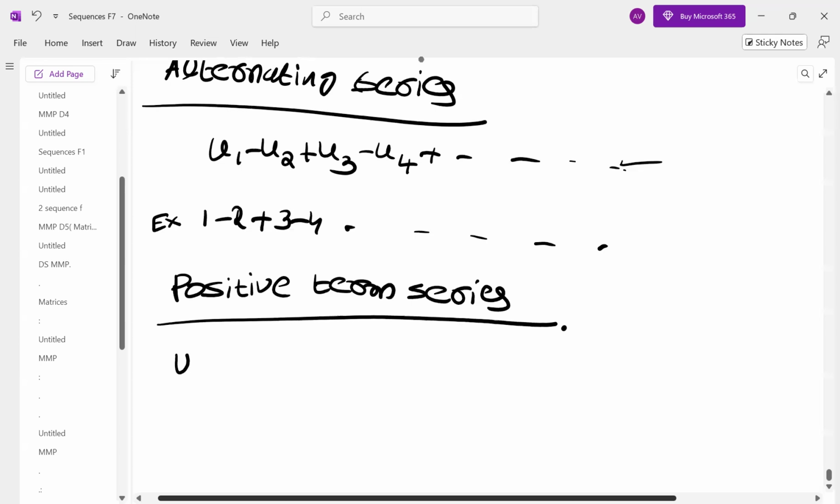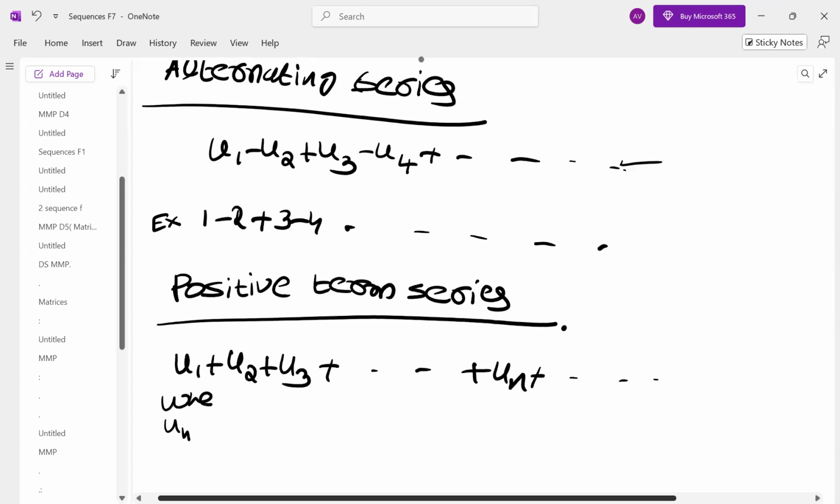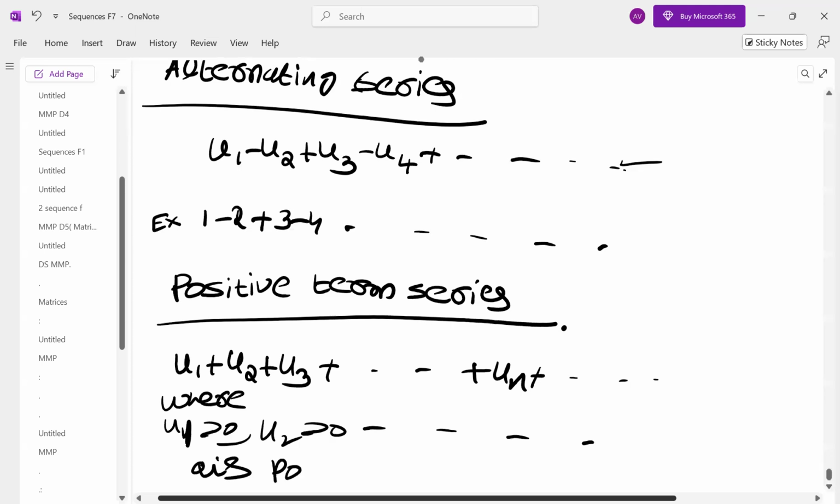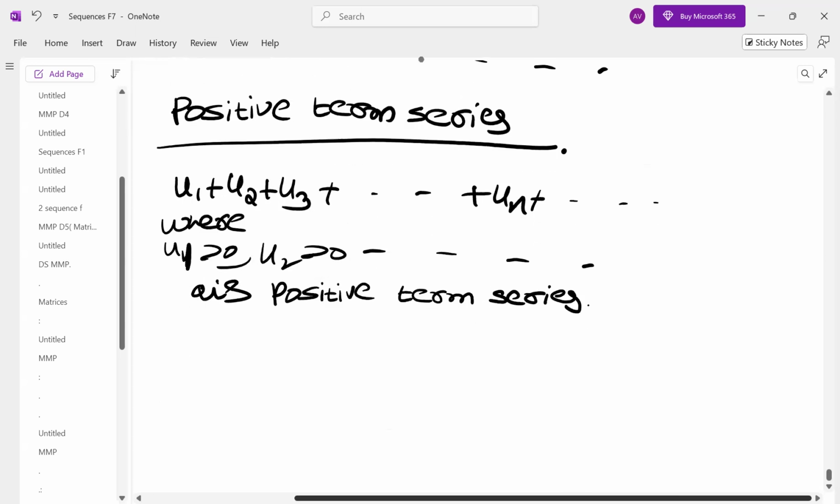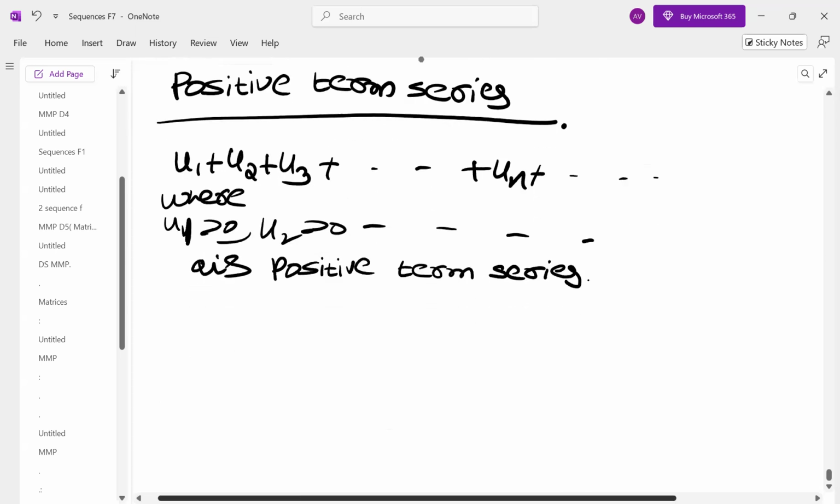Positive term series means u1 plus u2 plus u3 and so on, where u1 is positive, u2 is positive, all are positive.